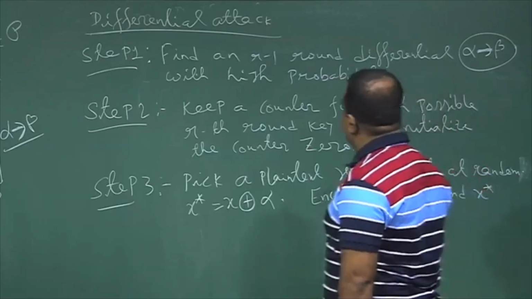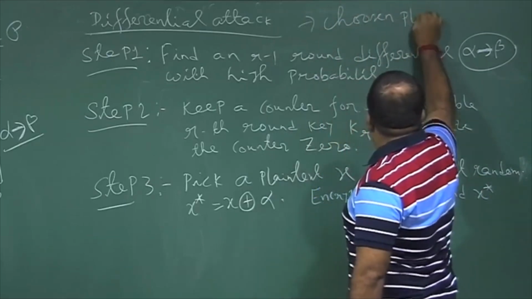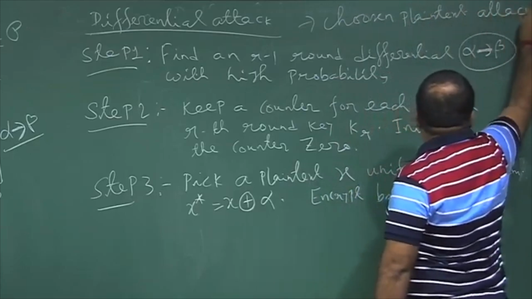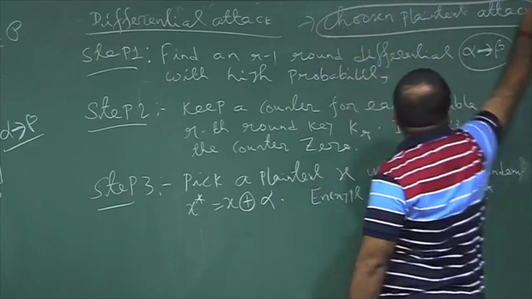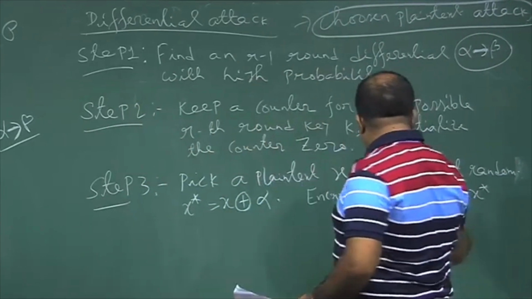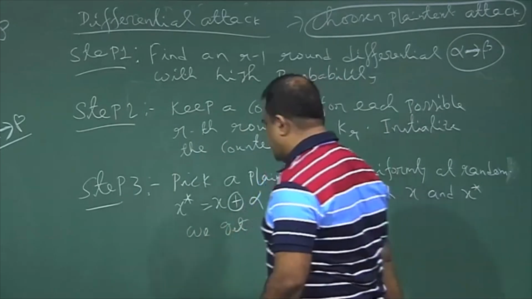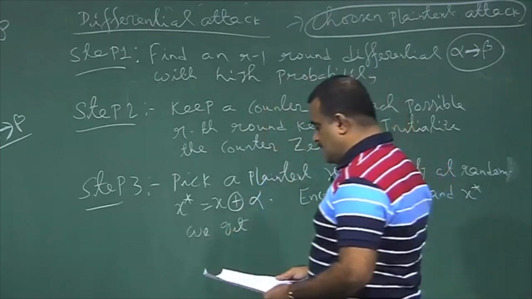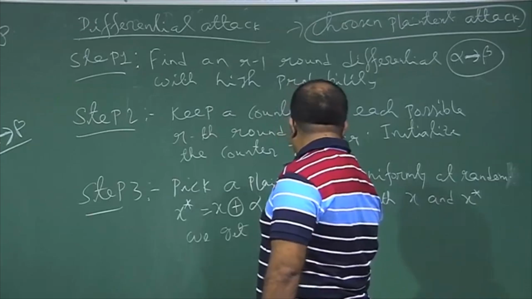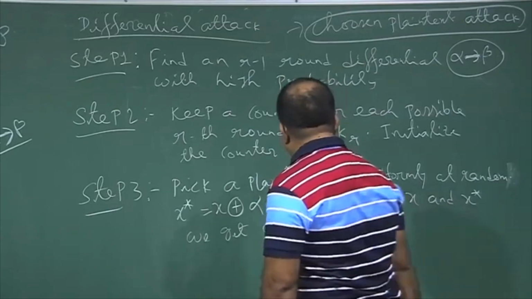This is a chosen plaintext attack. We can choose the plaintext and get the ciphertext, because we have to choose the plaintext in such a way that their difference is alpha. We encrypt both and get the ciphertexts, say C and C star.